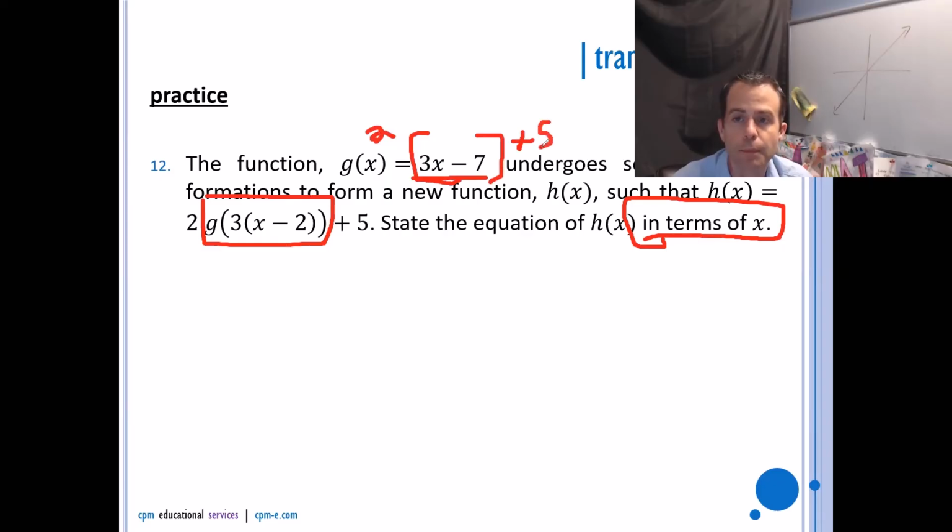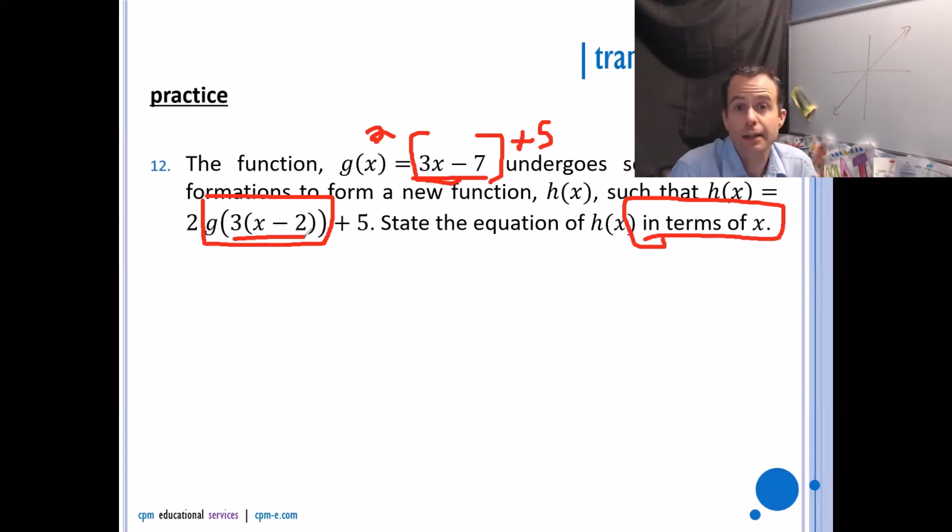Okay, but also what I'm doing is I'm replacing x. It doesn't say g of x anymore. It says g of 3 times x minus 2. Now I'm going to multiply the 3 there just so it's a little easier to do the math with. We don't need that many brackets there. That's 3x minus 6. So that's g of 3x minus 6, which means every time I see x, I have to replace it with 3x minus 6. If that's a g of 2, I'd replace x with 2.